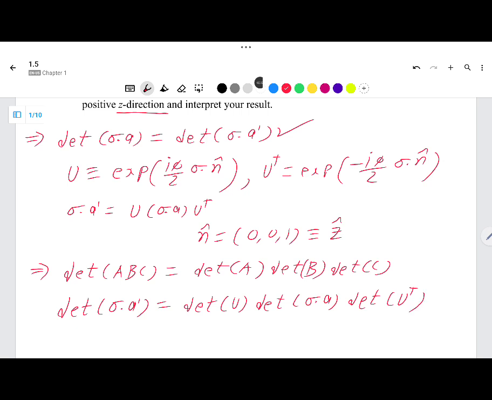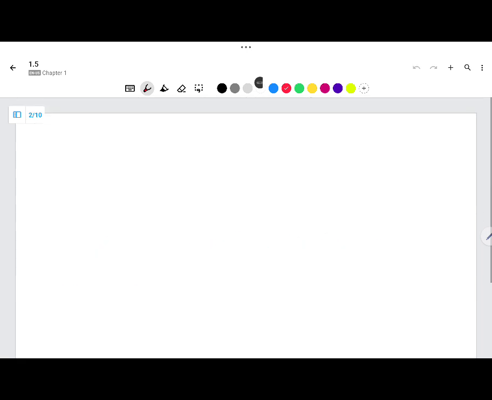Okay. So let's first try to see what will be the matrix form of this term, exponential i phi by 2 sigma dot n.